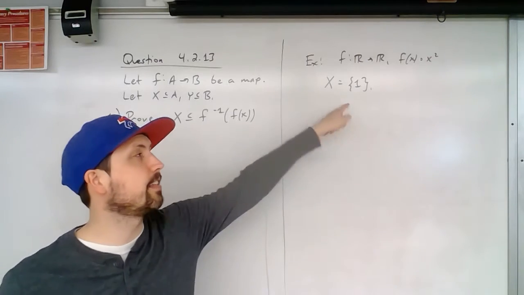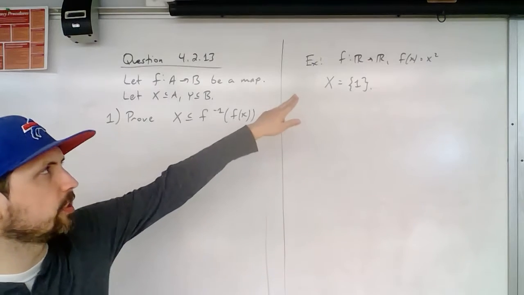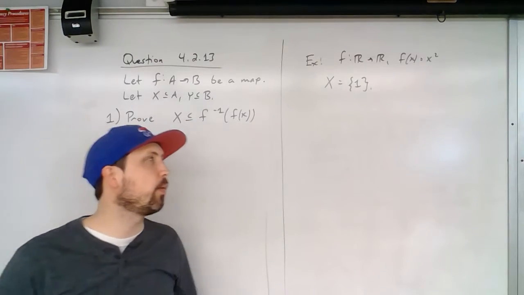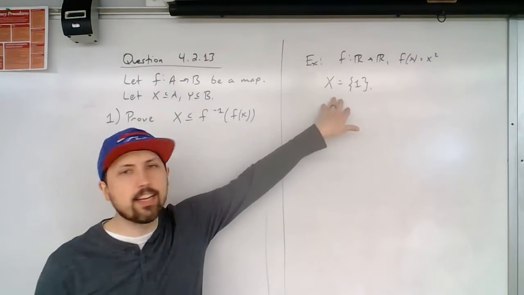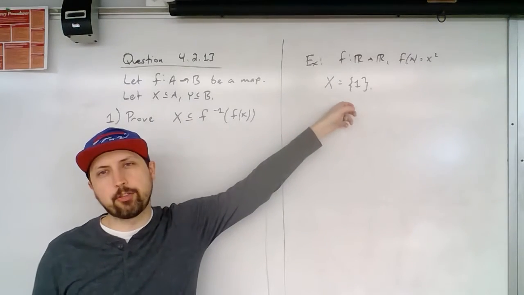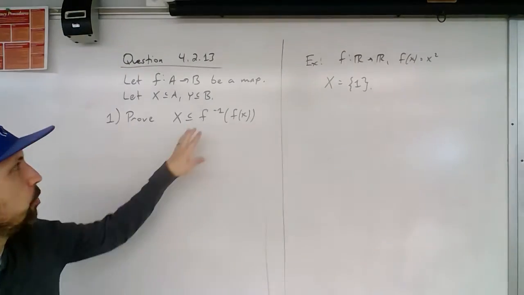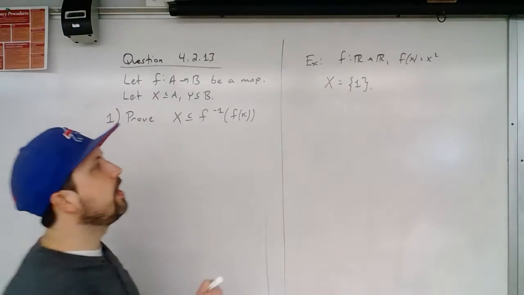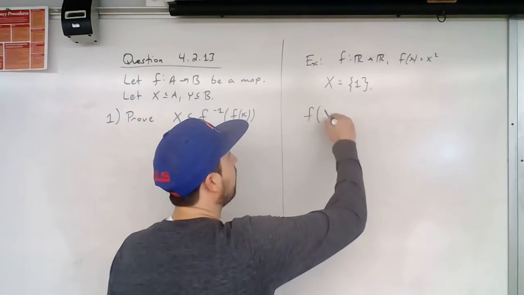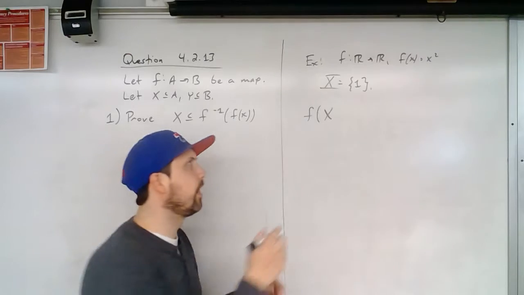So let's take a look at an example, one that we somewhat looked at in class. So if we just have the function that maps the reals to the reals, where f of x is given by x squared, and let's consider the set. So this capital X, this would be the same thing as over here. It's a set in our domain. Let's take a look to see what is happening with this when it goes through this process. So if we look at f of this, I'll just say this to indicate a capital X to clarify things.